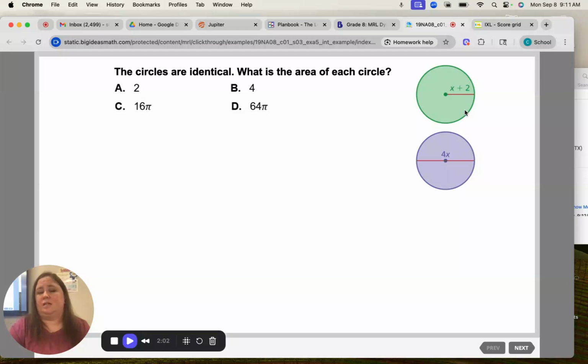So does anybody remember the formula for an area of a circle? I see a lot of hands. Somebody say it. C equals. That's circumference. We're doing area. A equals pi. Yep, pi is involved.